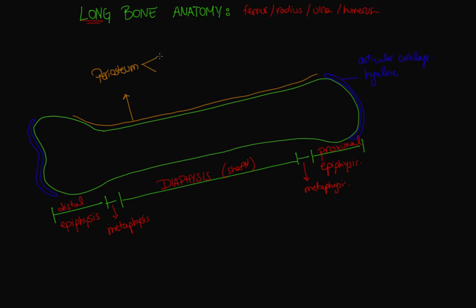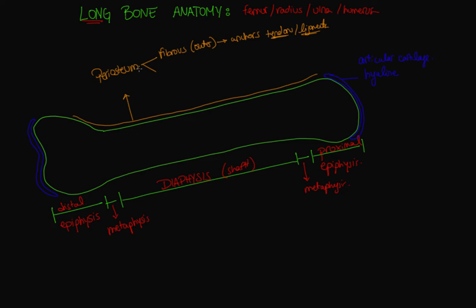We have the outer layer that we call the fibrous layer, and this is typically made up of dense irregular connective tissue. It's really important because it anchors tendons and ligaments to the bone. Tendons attach muscle to bone, ligaments attach bone to another bone.